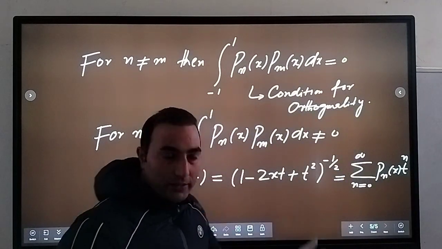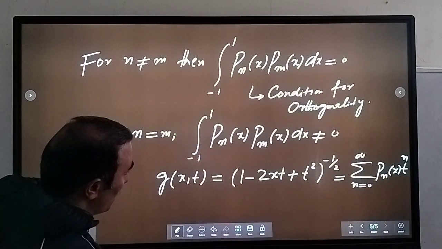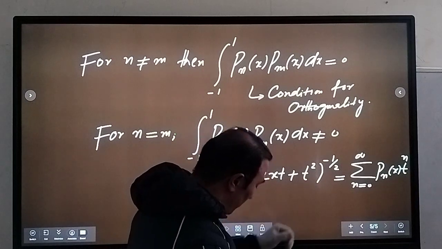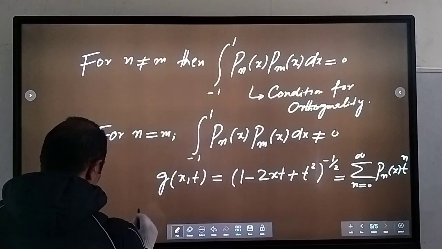So this is how you define the generating function. Okay. Now if you integrate this equation and multiply by something, you can rewrite it.